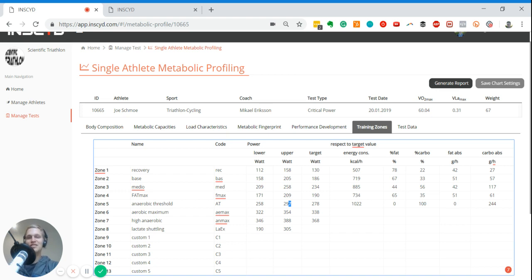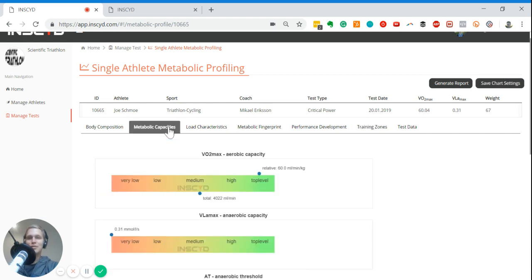People who are these diesel engine types tend to respond very well to high volume training. That's not to say that they don't respond well to high intensity training. They do. But if you know that you're at the core a slow twitch kind of athlete, then considering that high volume route is definitely something you might consider.